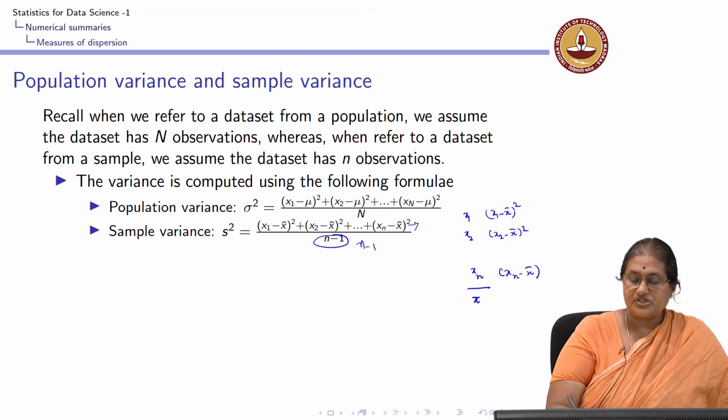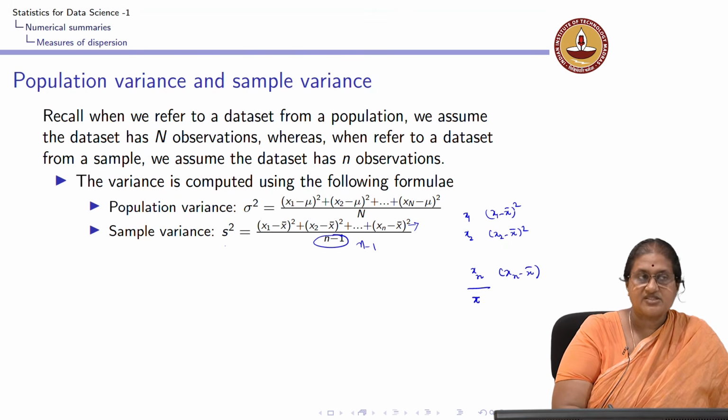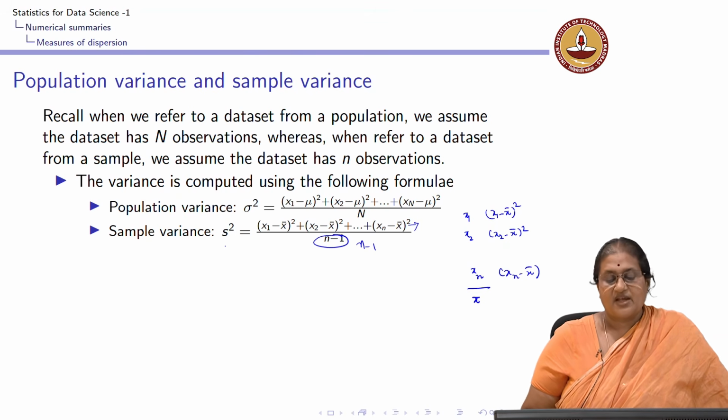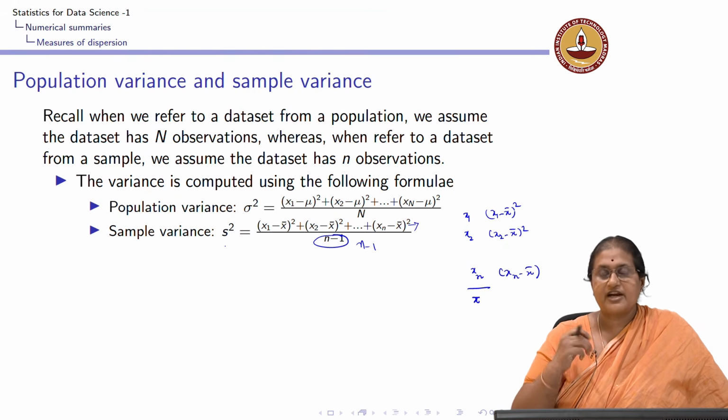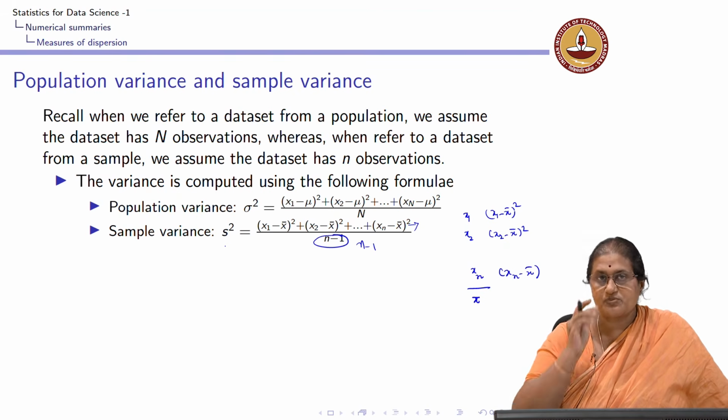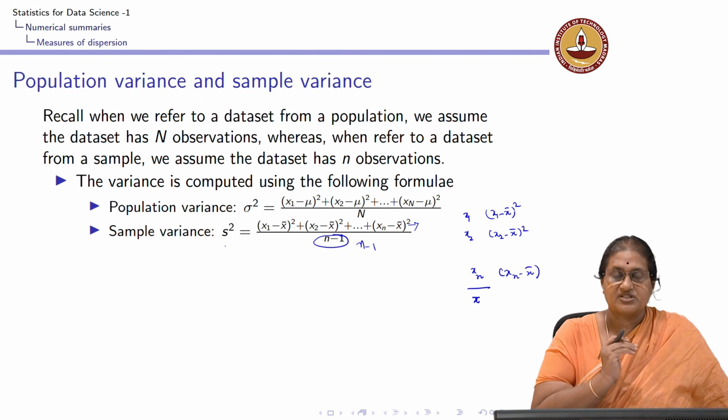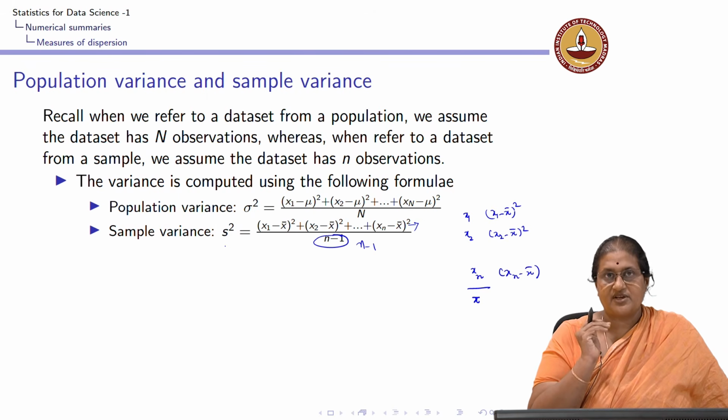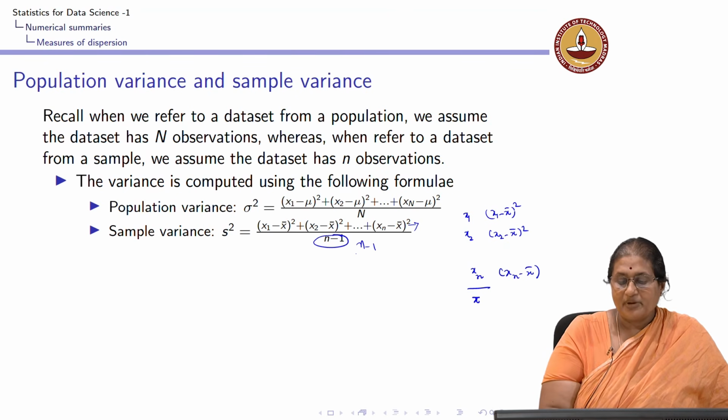Notice the difference between the population variance and the sample variance. For the population variance, I divide the sum of squared deviations by the total number of observations. For the sample variance, I divide the sum of squared deviations by the total number of observations minus 1.